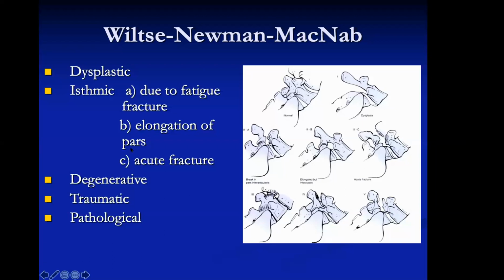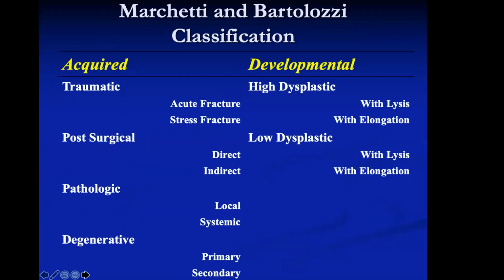And the other issue is that this classification doesn't allow you to think about how spondylolytic listhesis evolved. So to fill up all these deficiencies, this particular classification came about, which divides spondylolisthesis into two categories. It was devised by Marchetti and Bartolozzi. They divide it into the acquired type and the developmental type.